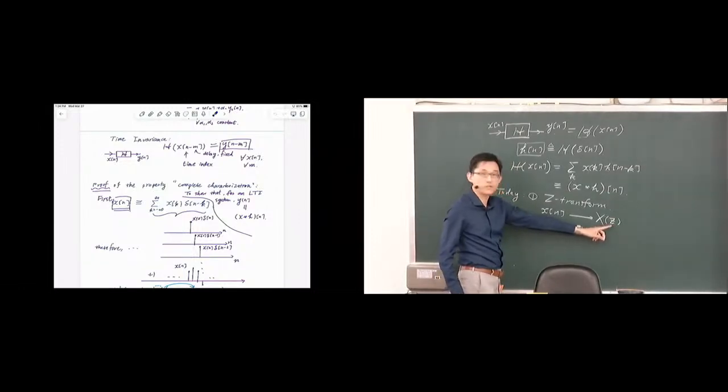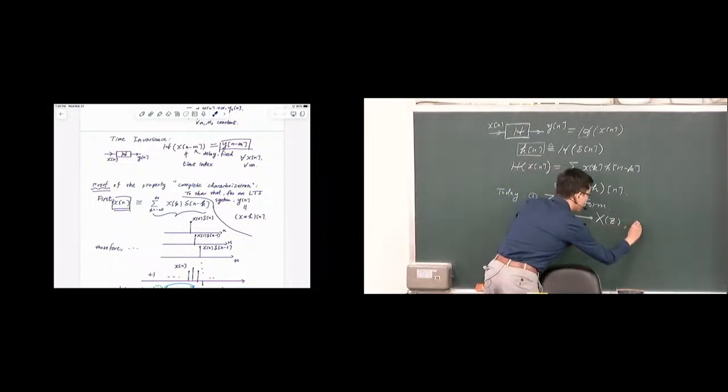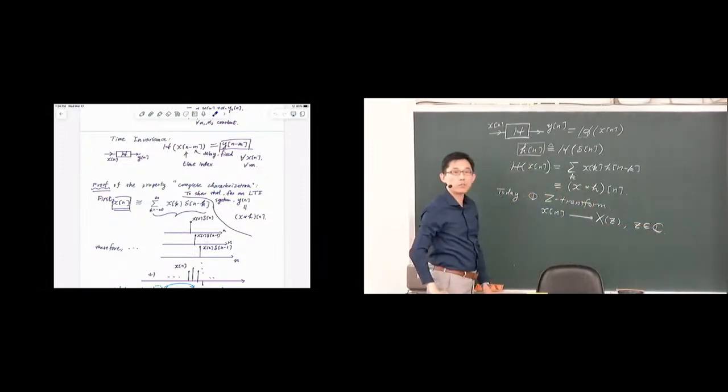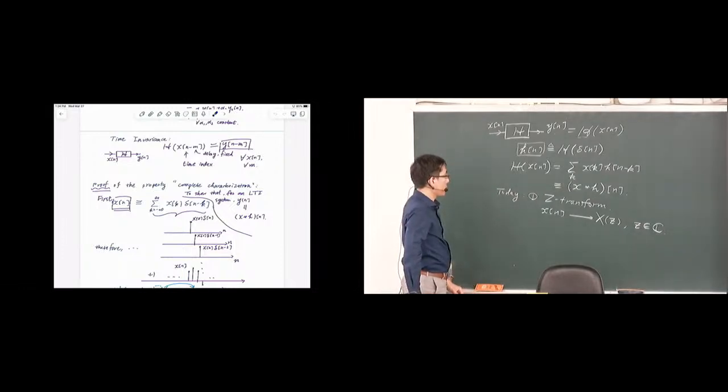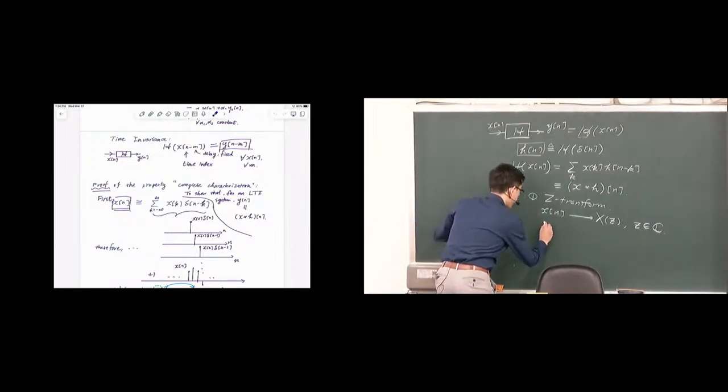You can see that here, Z. What is Z? Z is basically somewhere on the complex plane. And then when we write this down, there's a matter of convergence.